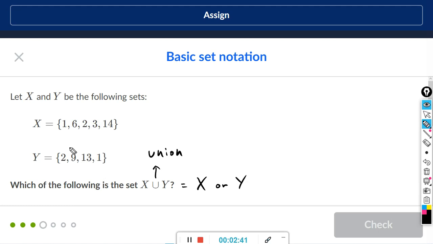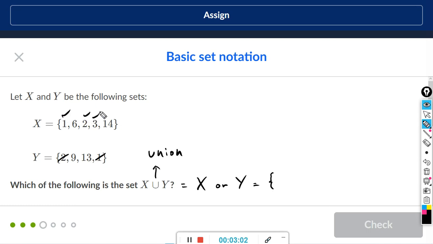The only thing is you don't need to write the same number twice. So if there's a 2 here and there's a 2 here, you can just cross one off. If there's a 1 here and a 1 here, you can cross one off. And the 9 and the 13, there's no 9 and 13 here. So X or Y, it's going to equal all of those numbers.